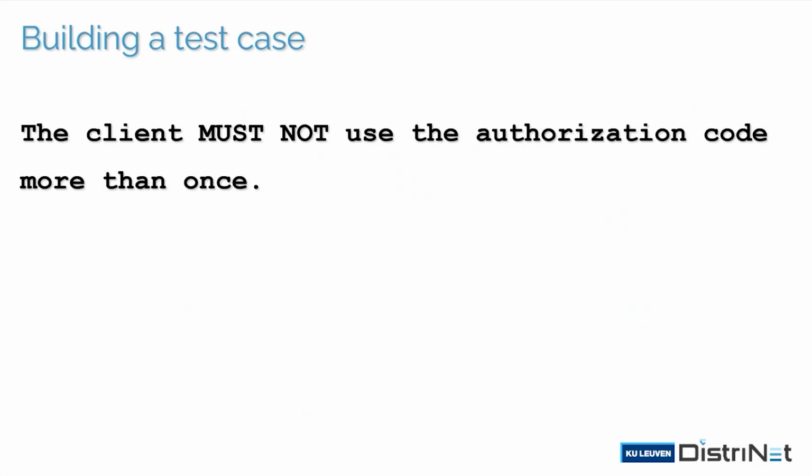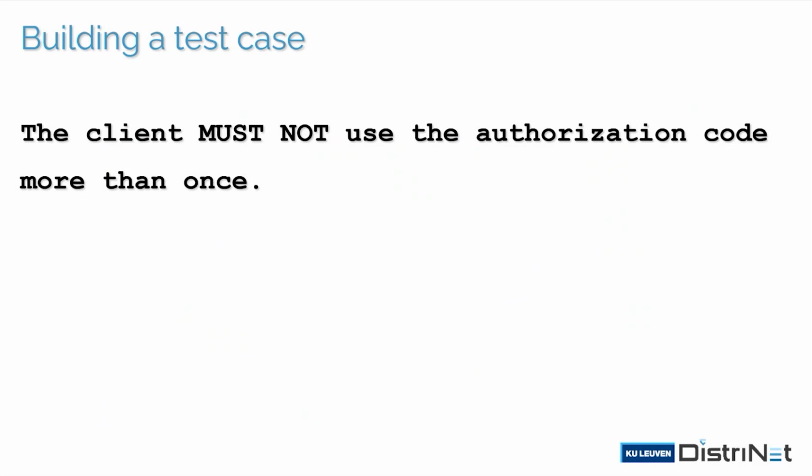Obviously, if you can exchange an authorization code multiple times, and an attacker somehow gets hold of one that has been used before, they might just use it and generate a new access token with it, right? That's not something we want. That's a potential vulnerability. So the specification says the authorization code must be used once.